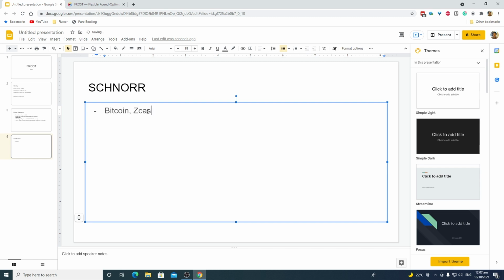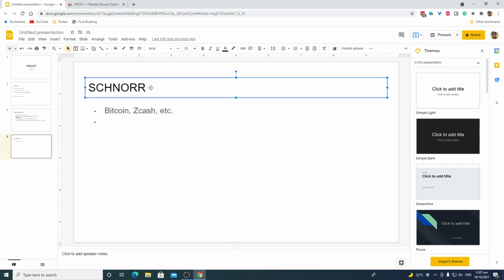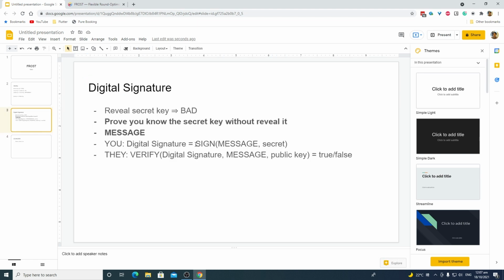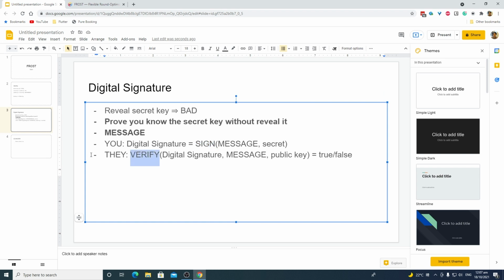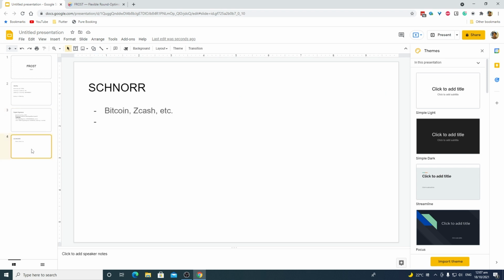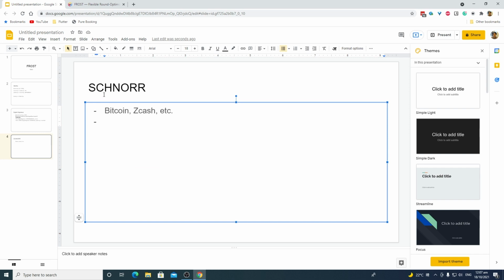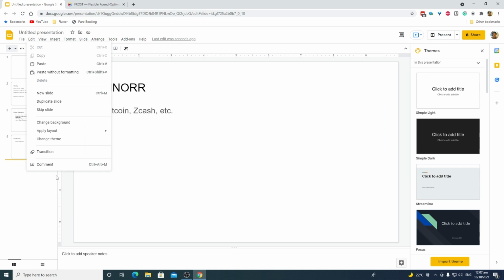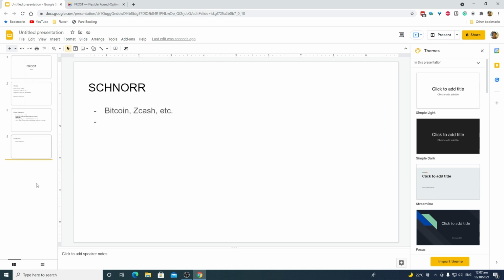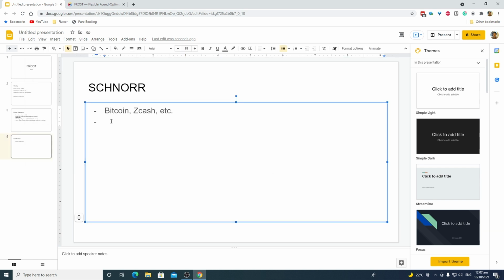They are not used in Bitcoin yet, but now they are going to be used in Bitcoin. They're used in Zcash, etc. A lot of cryptocurrencies are using Schnorr signatures. So again, this is just one way to implement the signing and the verification algorithms, but it's a very popular one.